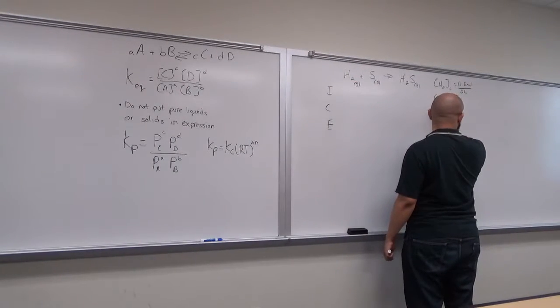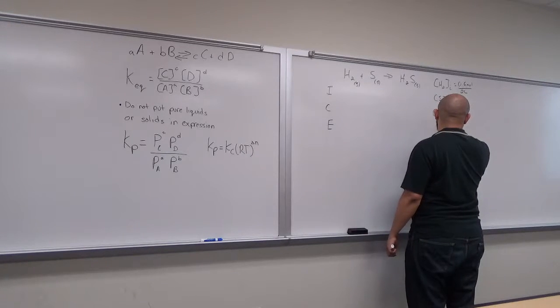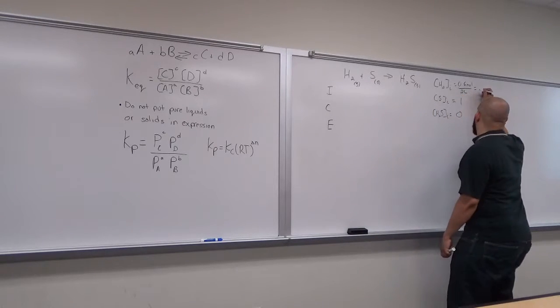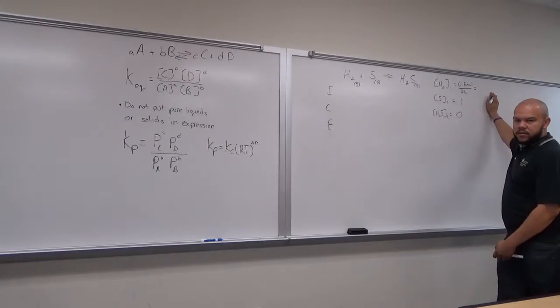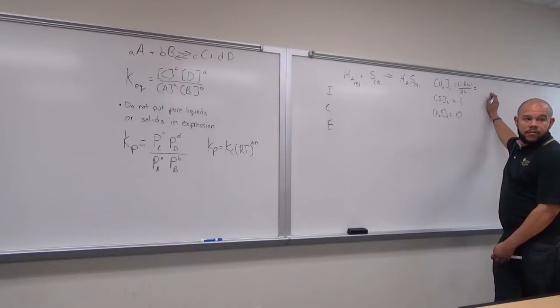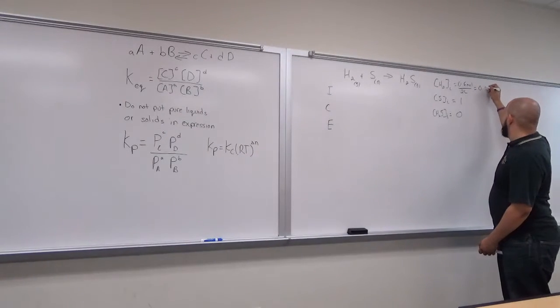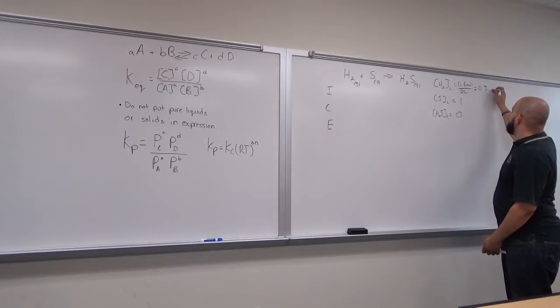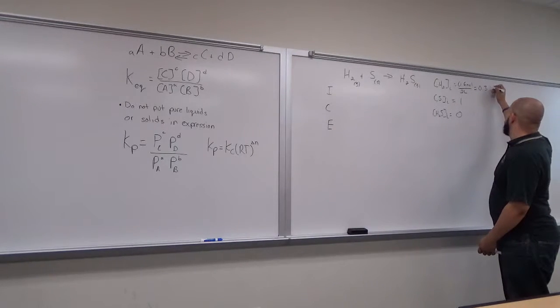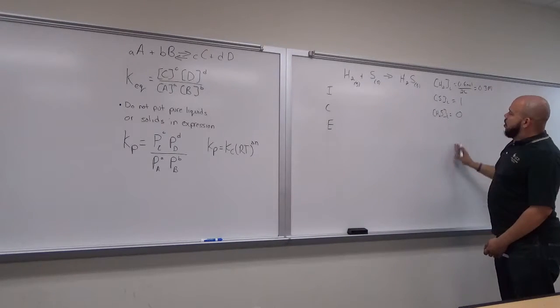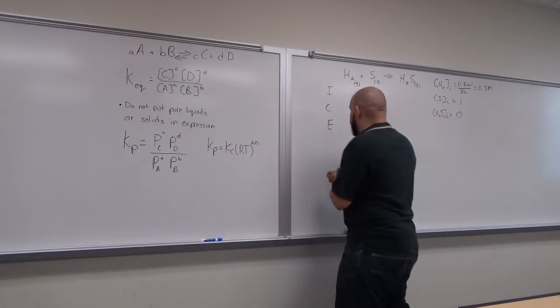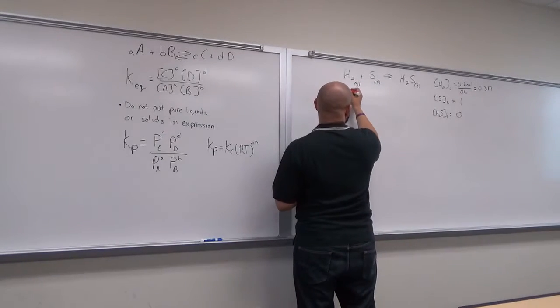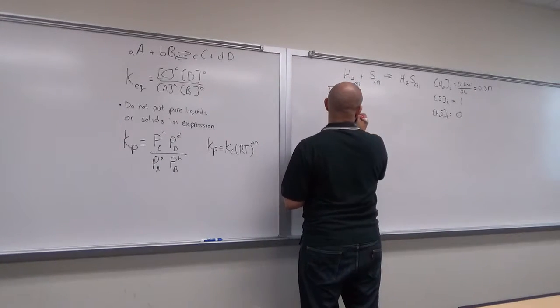H2S initial is 0. All right. So 0.6 over 2 is what? 0.3. All right, so our initial concentration is 0.3.